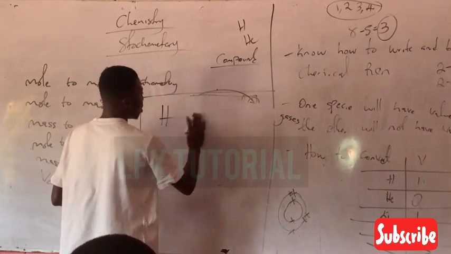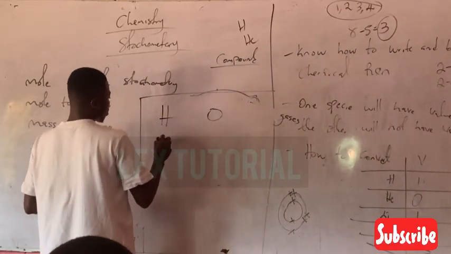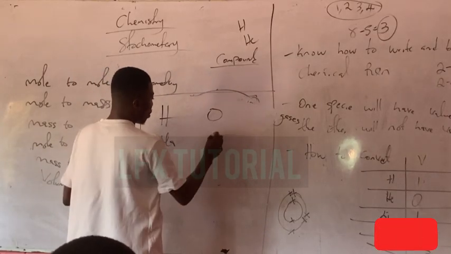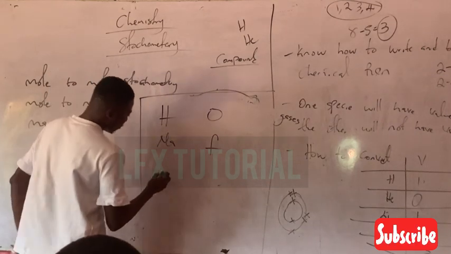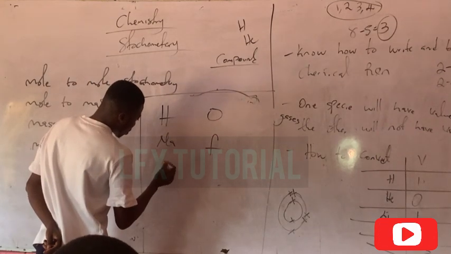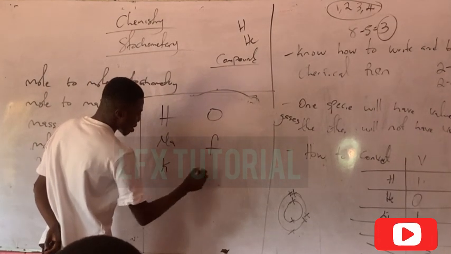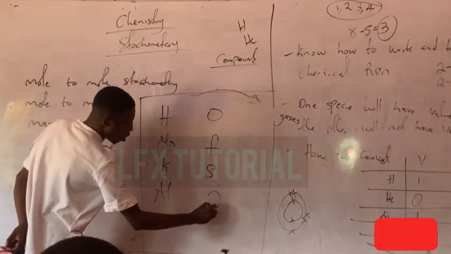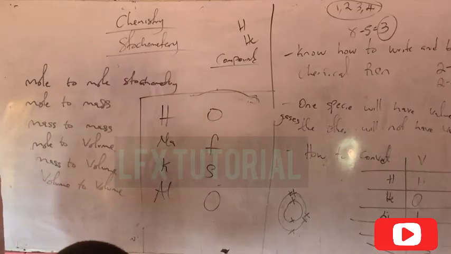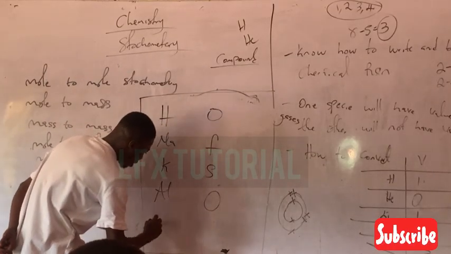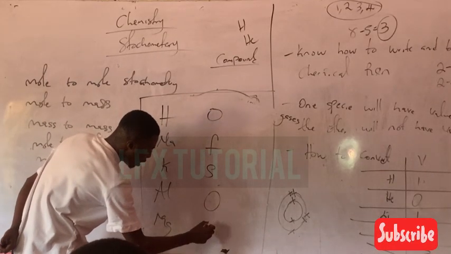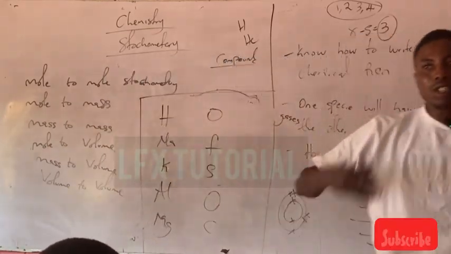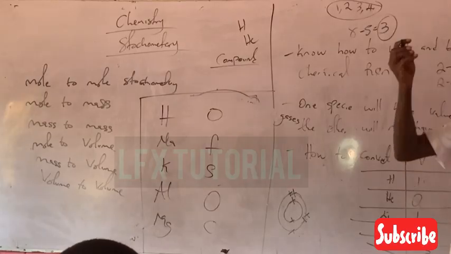Let's bring hydrogen, oxygen, sodium, fluorine, potassium, sulfur, aluminium, oxygen. Just bring some combinations. Magnesium and, okay, someone said carbon. So let's say magnesium and carbon. Let's use all these and form compounds from what we have learned.